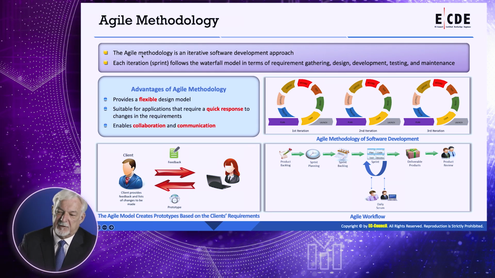The entire cycle kicks off again. And as you work through an application's capabilities or its usability, it refines as it goes. The advantages: it provides a flexible model for the design, and it's suitable for applications that require a quick response to changes in the requirements. Enables collaboration and communication between the user and the developers.